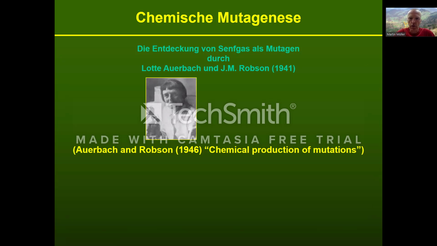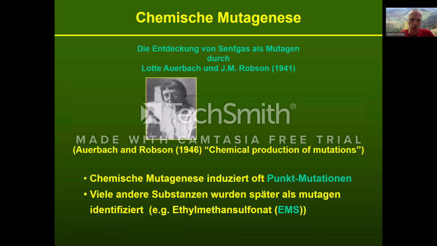It was used as a chemical weapon in the First World War and had nasty effects. Auerbach and Robson also were somehow poisoned, luckily not so heavily, but anyway, they did their experiments on the roof of the institute so that the wind would blow away the mustard gas. And they found that mustard gas could induce chemical mutations.